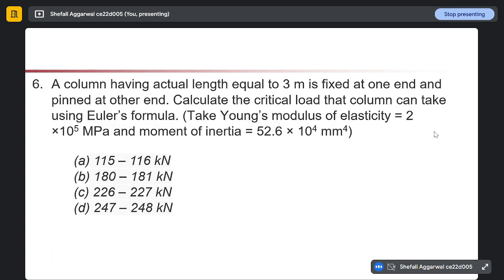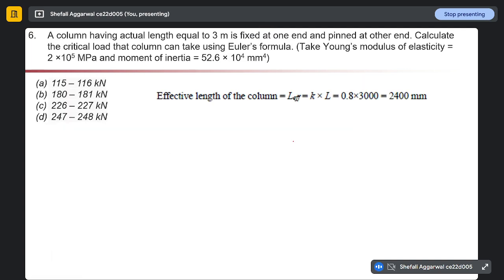A column having actual length equal to 3 meters is fixed at one end and pinned at the other end. Calculate the critical load that the column can take using Euler's formula. Take Young's modulus as 2 into 10 raised to 5 MPa and moment of inertia as 52.6 into 10 raised to 4 mm4. The actual length and the condition are given, so we can calculate the effective length.